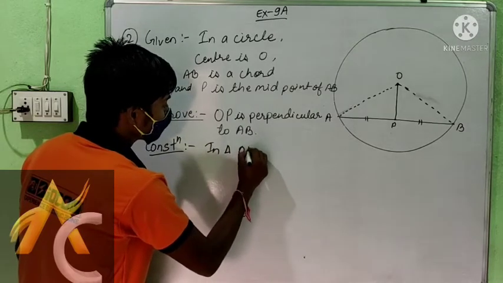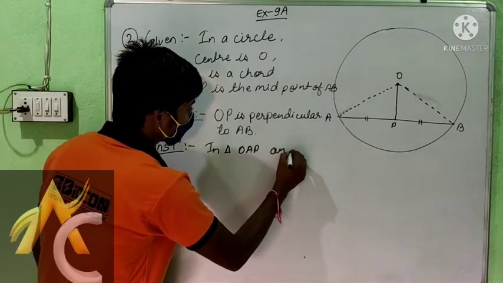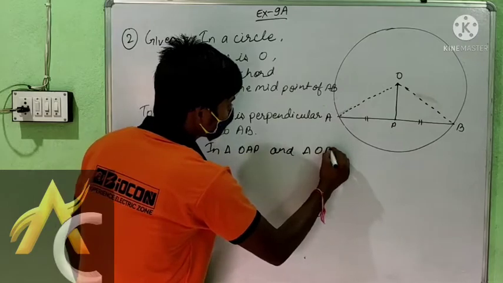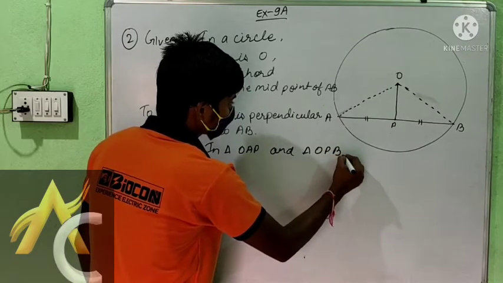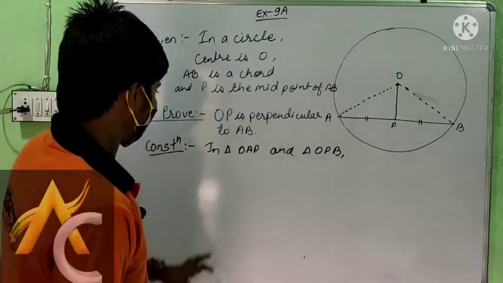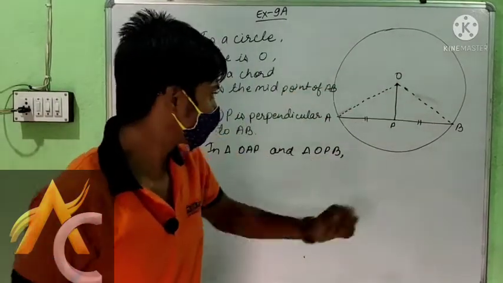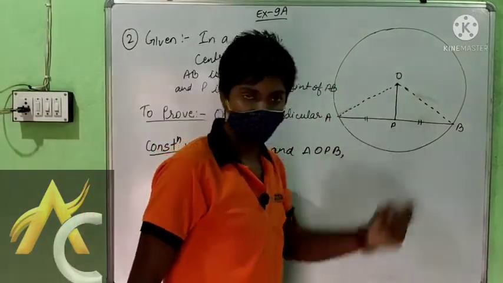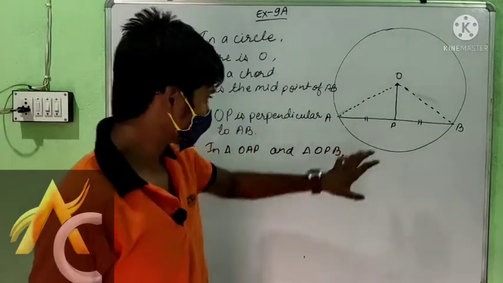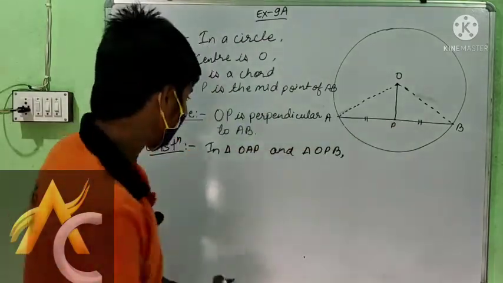In triangle OAP and triangle OPB, now compare these two triangles. AP is equal to PB since P is the midpoint of AB.